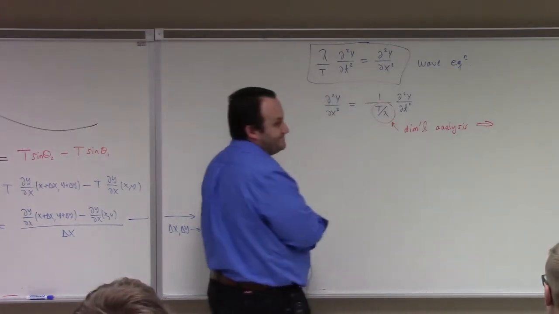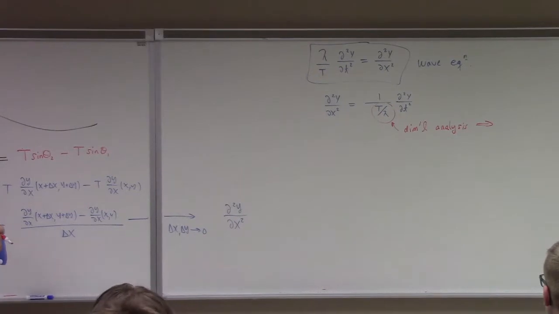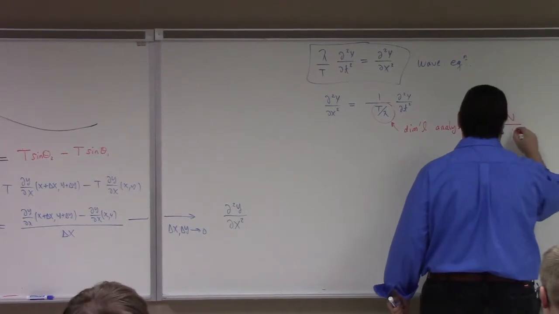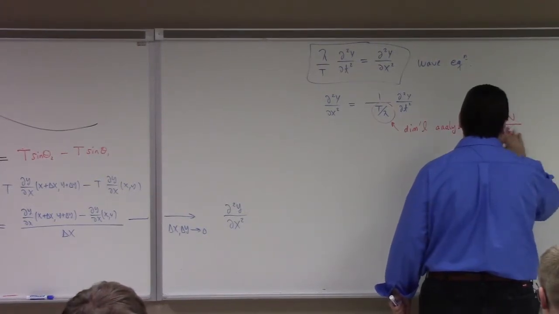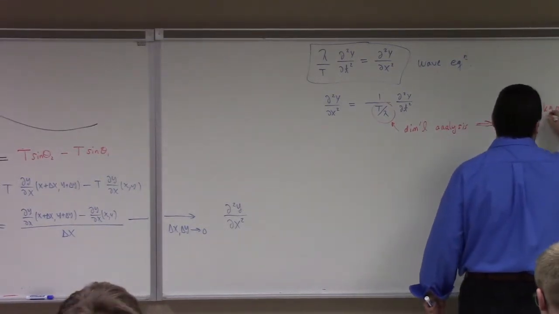What are the units on that? If y has meters, let's say, t has seconds, what are the units on t over lambda? Of course, you could figure it out from where it came from. T is a force, it's got newtons, lambda is a mass per unit length. So you could say, well, it's newtons over mass, kilograms over meters, which is a kilogram meter per second squared.